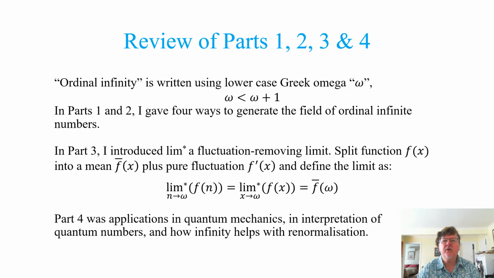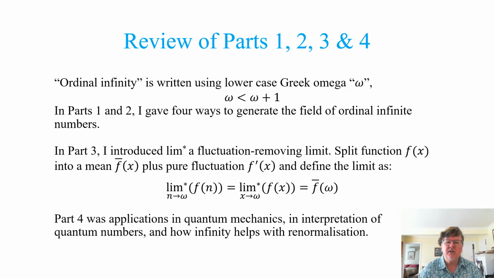This slide is a quick review of parts 1, 2, 3 and 4. Ordinal infinity is written using the lowercase Greek omega. In talks part 1 and 2, I gave 4 ways to generate the field of ordinal infinite numbers. In part 3, I introduced a new limit that is a non-shift invariant fluctuation removing limit.